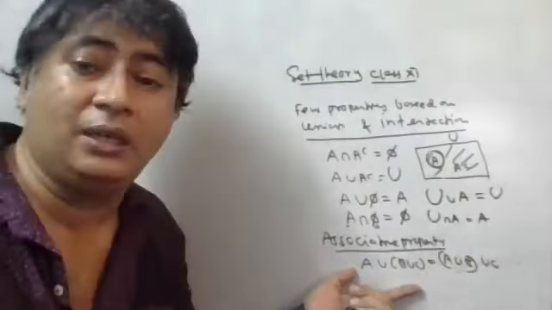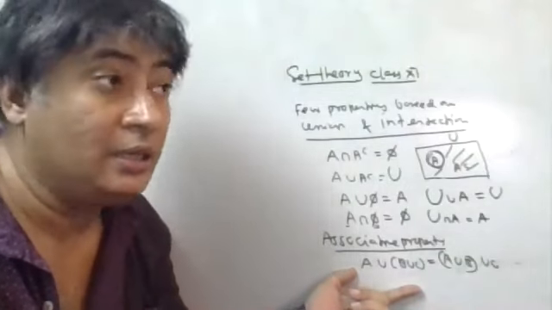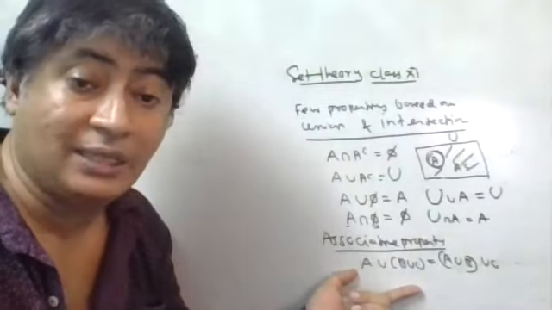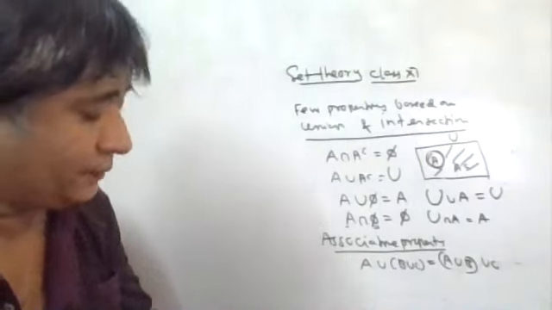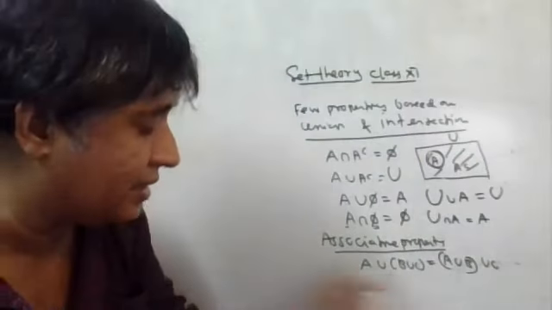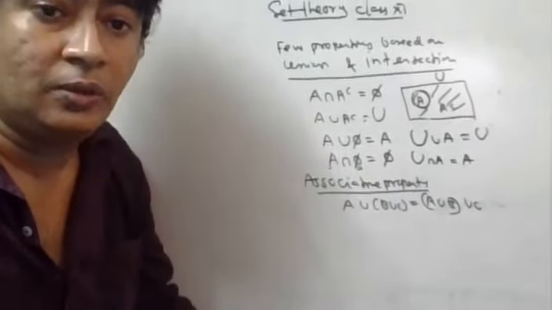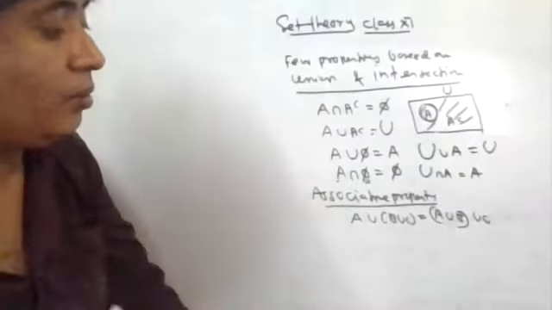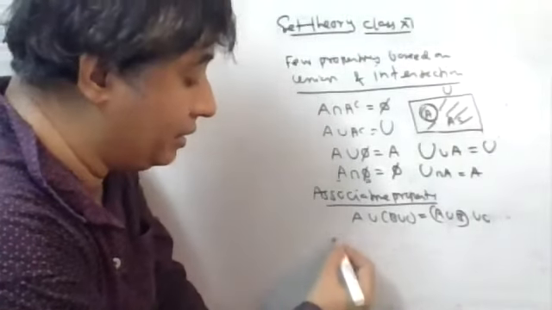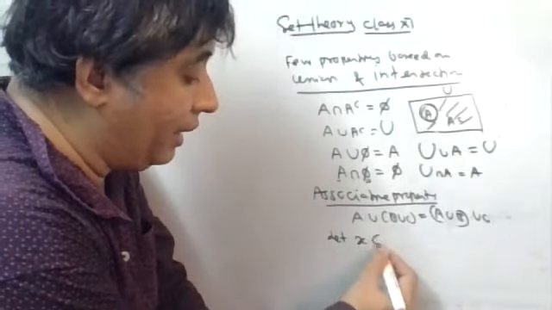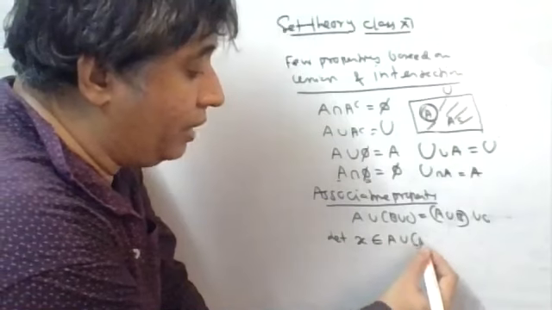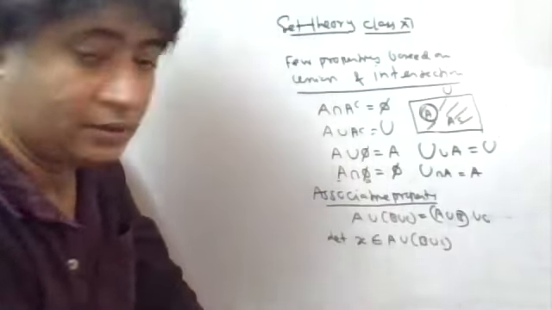This associative property you are taught even in the number system in your junior classes. But here, to establish this result, the method will be a little bit different. See how we can establish. I am letting one element X belong to A union B union C.